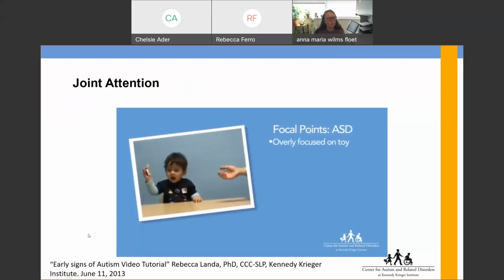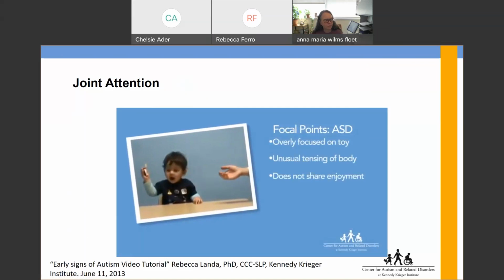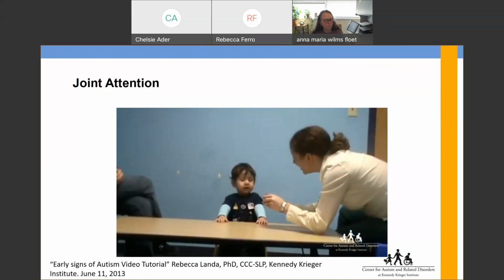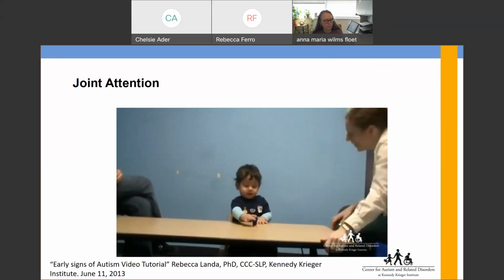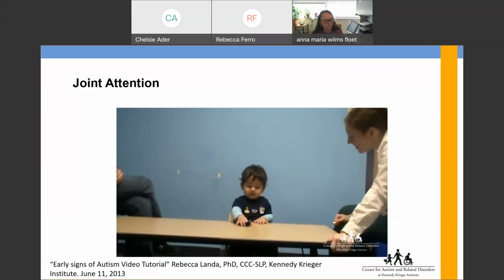This 14-month-old child shows signs of ASD. Notice how his attention is so focused on the toy that he does not interact with the people nearby. He does not share his attention with others. His exploration of the toy is also unusual. He drops the toy onto the table and watches it move.